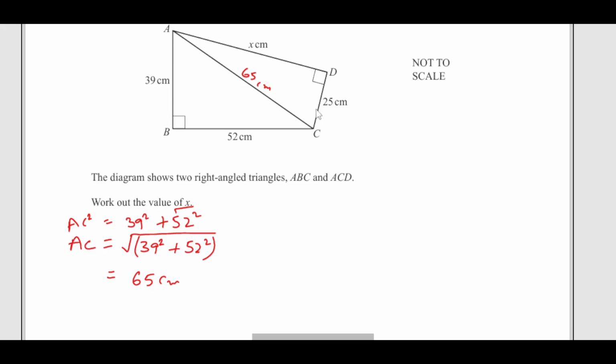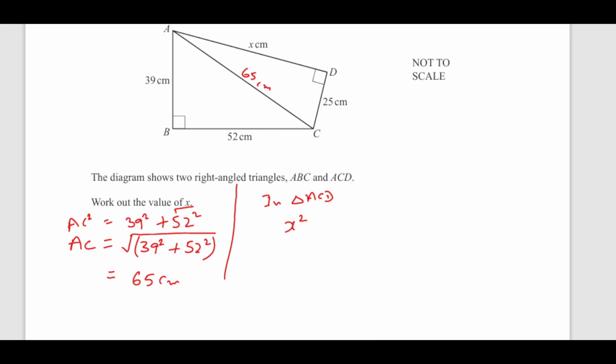Now again we are going to apply Pythagoras theorem in triangle ACD. In triangle ACD, x squared, we have to take the opposite side. So now the opposite side here is this 65.